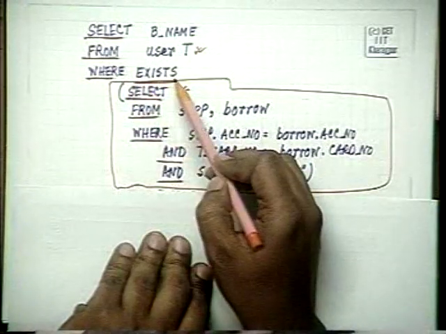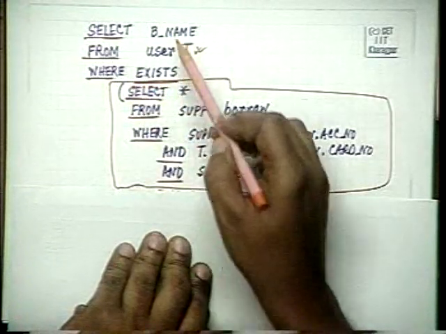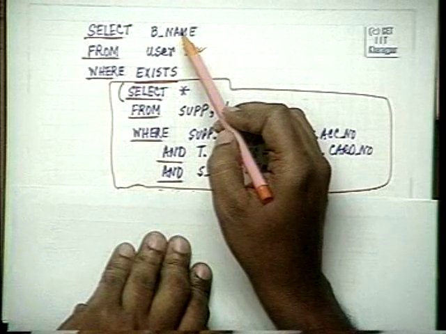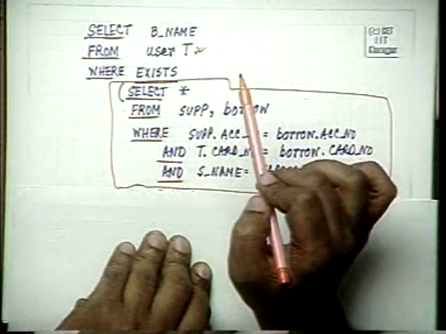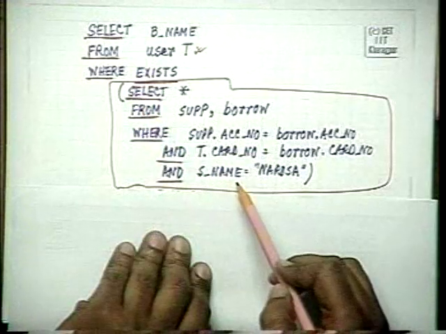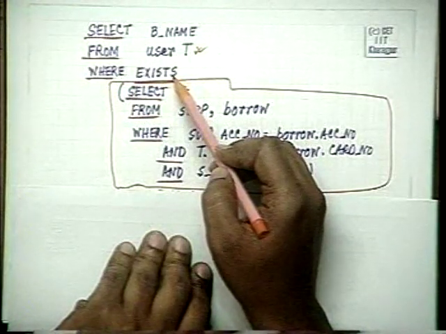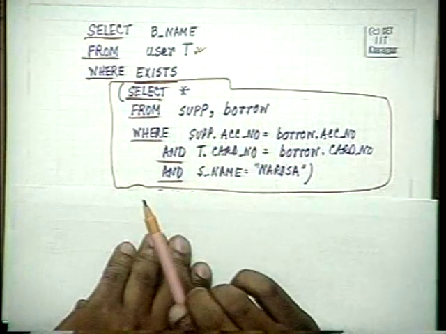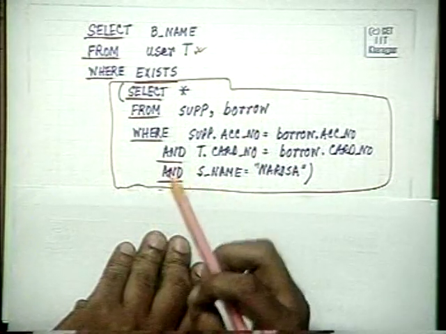If I had not exists, then it would give me names of all borrowers such that they have issued no book supplied by Narosa. Not exists means if this is null, then not exists is true. It is just the opposite of exists. We have got in, which is element of, exists means non-empty, not exists means empty.